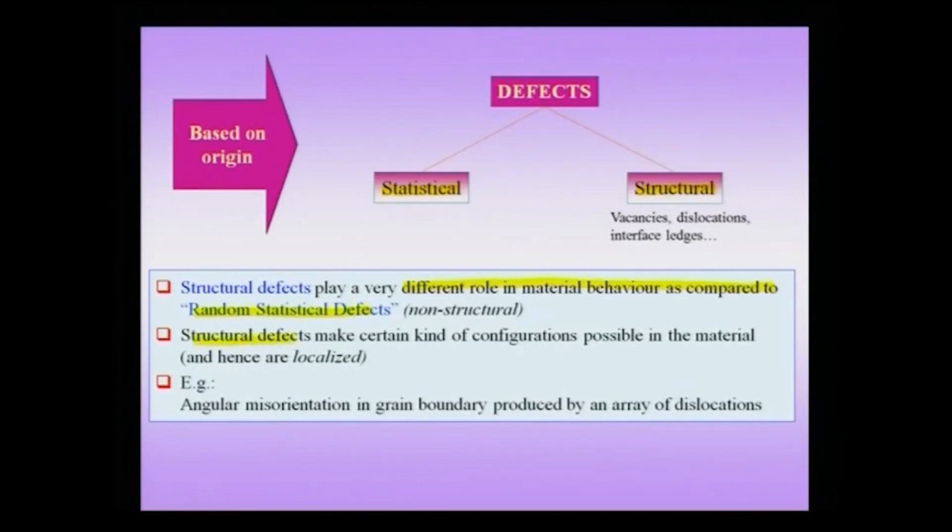Structural defects typically make certain configurations possible in a crystalline material, and therefore, they are localized to a certain region in the material. For instance, the angular misorientation at a grain boundary can be produced by an array of dislocations. So, this is a very important concept, that the dislocations present along, for instance, a low angle grain boundary, and we will actually see a beautiful high resolution picture in a coming slide.